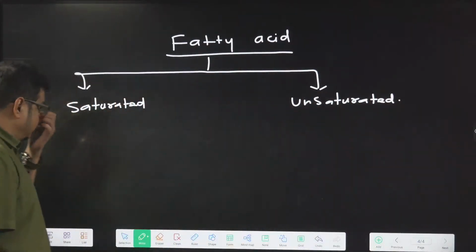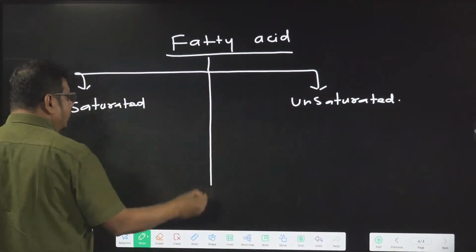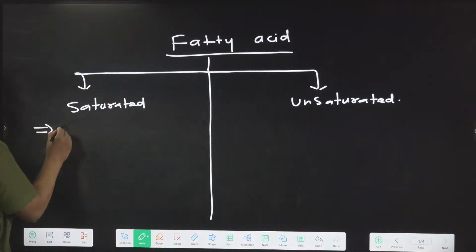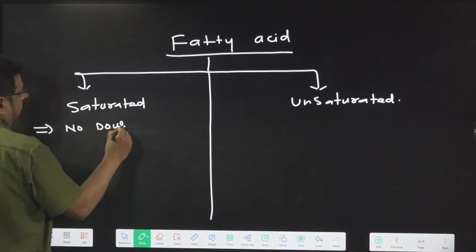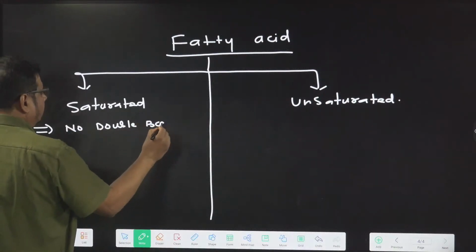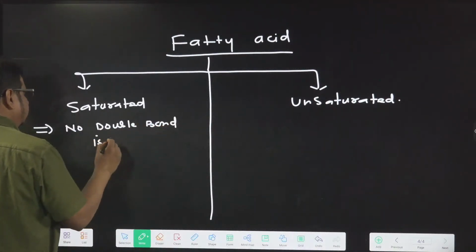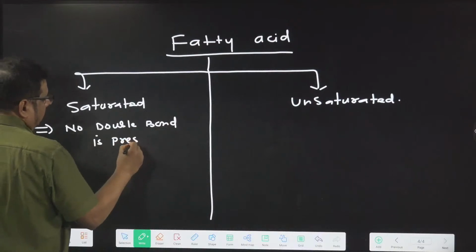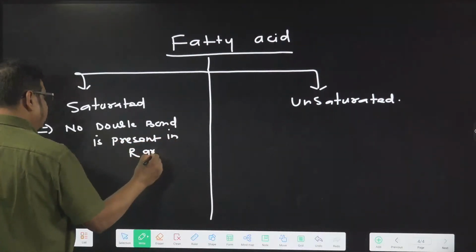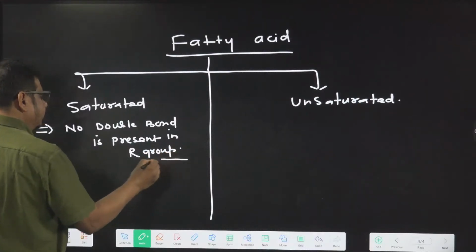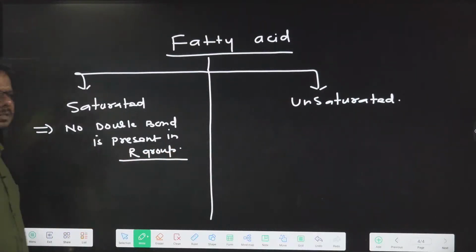If you talk about the saturated fatty acid, no double bond is present in the R group of fatty acid. Double bond is not present. Got the idea?